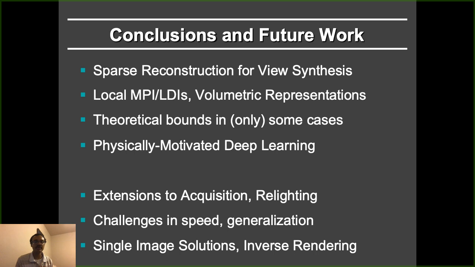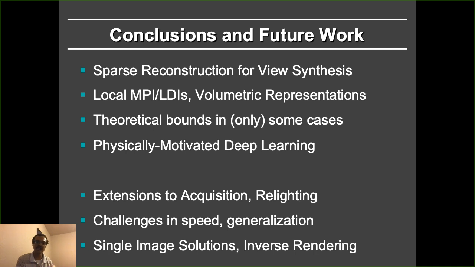And also the best results, such as in NeRF or neural radiance fields, are achieved by specializing to a particular model. We want to be able to generalize these results to have a single network across all models. And we also would like to push in the limit towards single image solutions where you have just one image and you want to be able to create a light field.